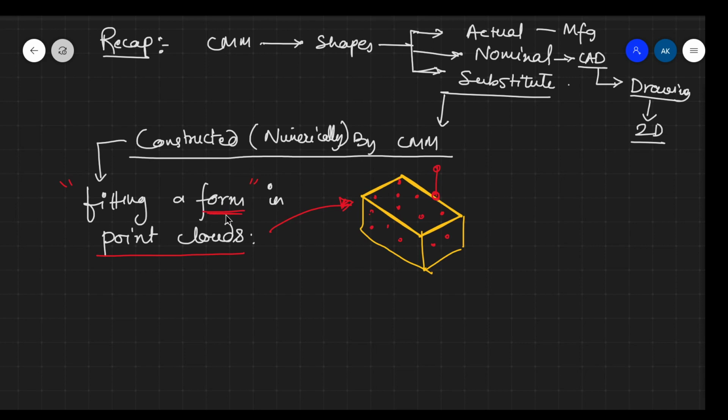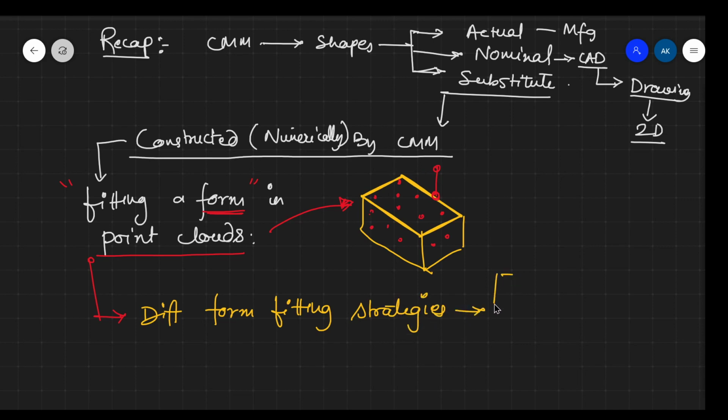Here form means a suitable curve. In the last class we studied different form fitting strategies, and these were three in number, the most commonly used. One was least square, another was min-max or Chebyshev, and the third was the hybrid method. Till this point we studied.